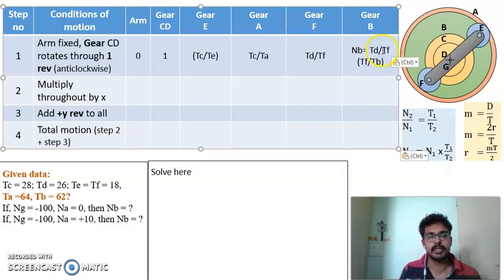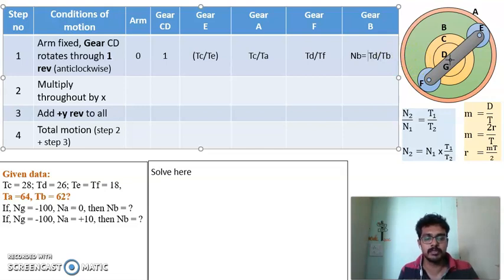Here Tf is in the denominator, here Tf is in the numerator, so this Tf and this Tf will cancel out each other and ultimately we will be left with the speed of gear B equal to Td by Tb. So we will remove this Nb also because that was just for explanation purpose.